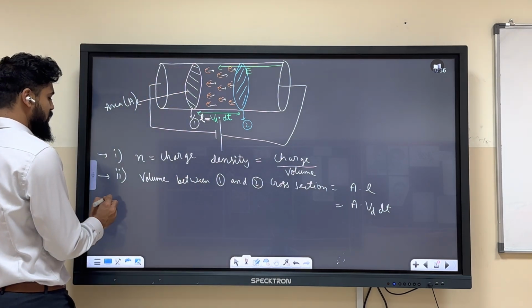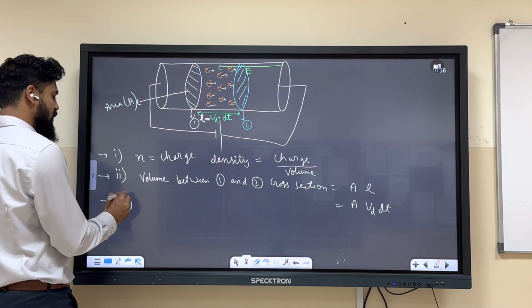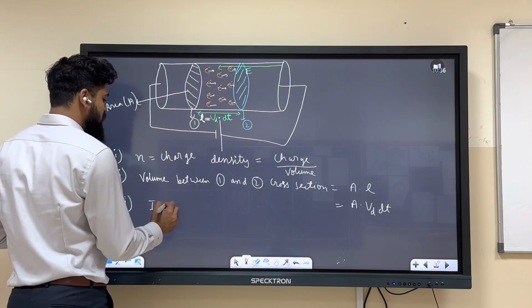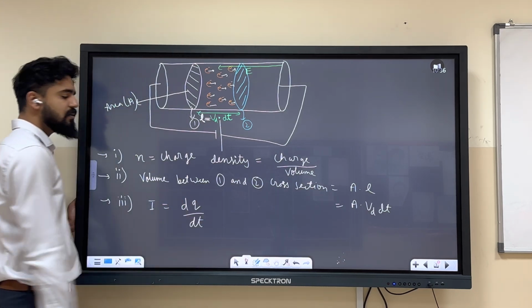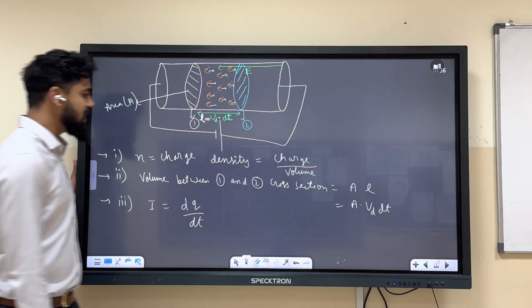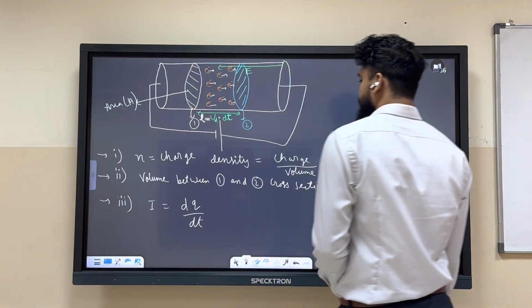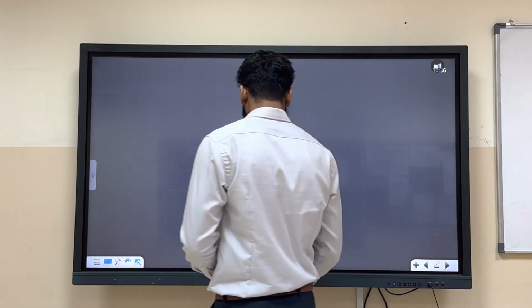Okay ठीक. So now third point, बस खत्म हो गया, कोई बड़ी बात नहीं. I equals dq by dt. Very good.